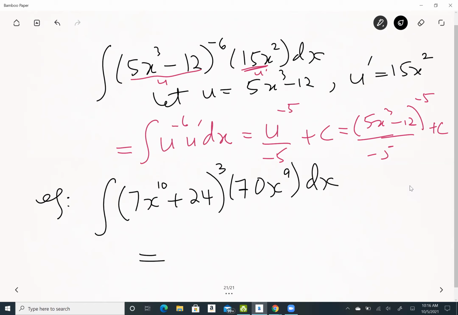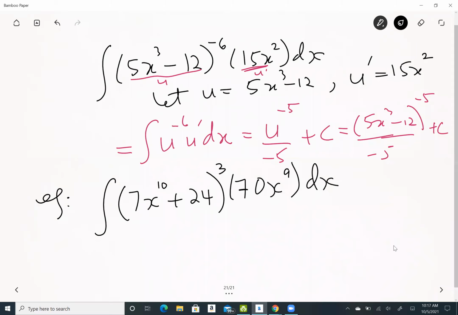Okay, you got it? You got the integral? So you let u be equal to 7x to the power of 10 plus 24.